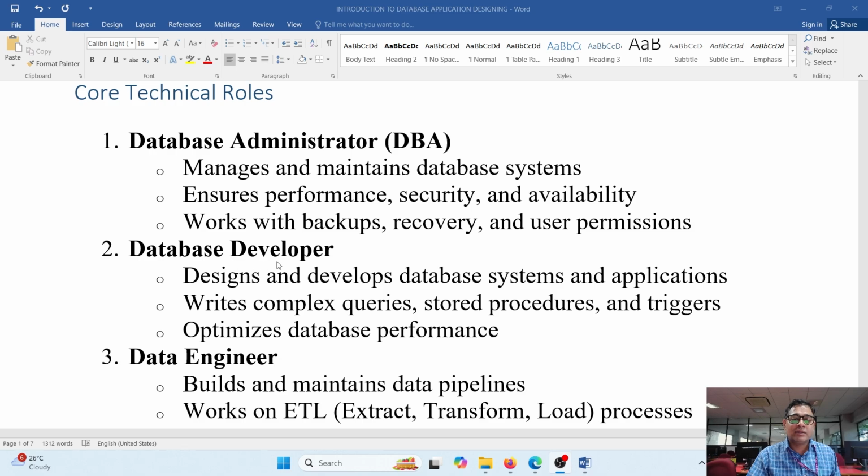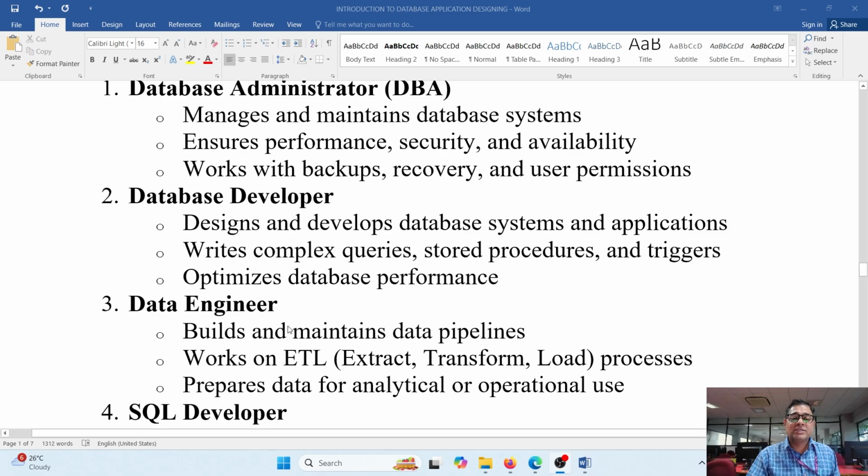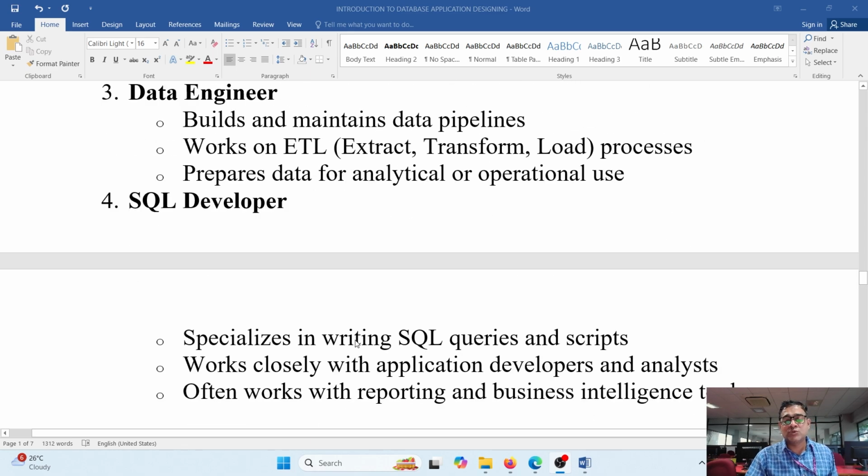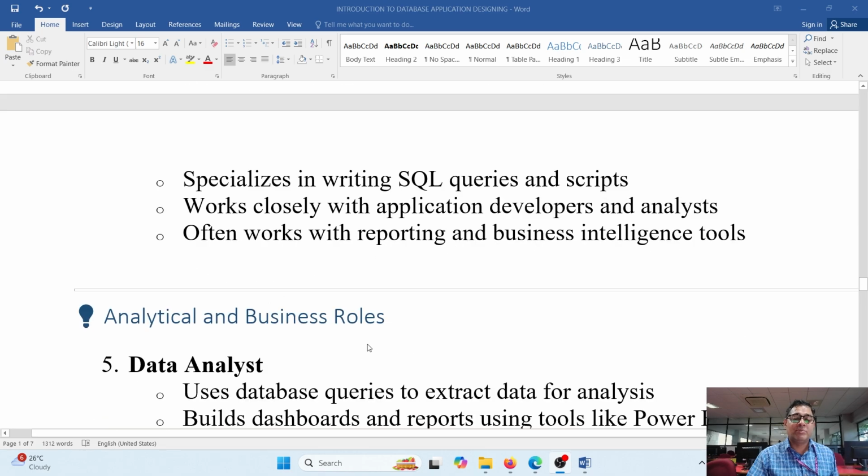Next is the data engineer, who deals with the data and tries to maintain it. It's part of ETL, extract, transform, and load. Mainly he deals with the transactions over it. Then SQL developer. Generally he works with SQL queries and scripts, and generates reports and all. So this is the SQL developer.